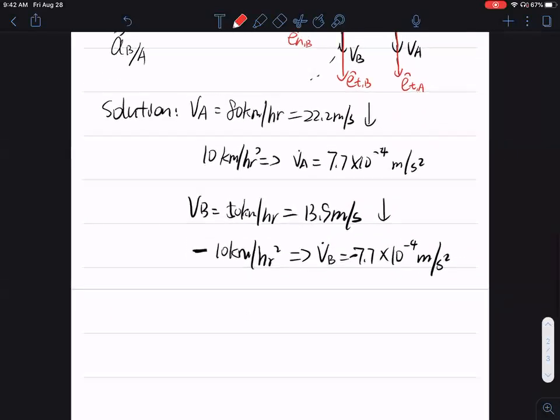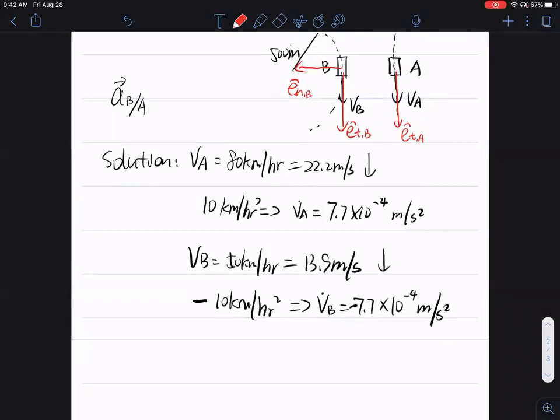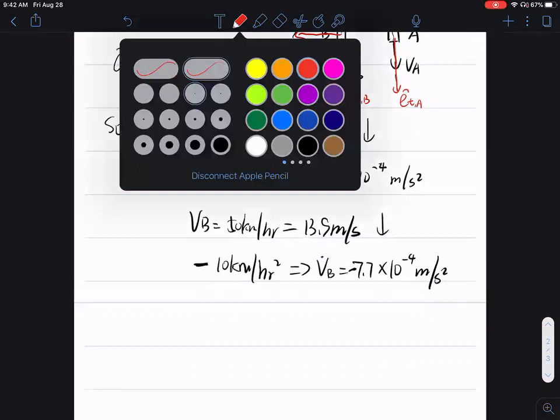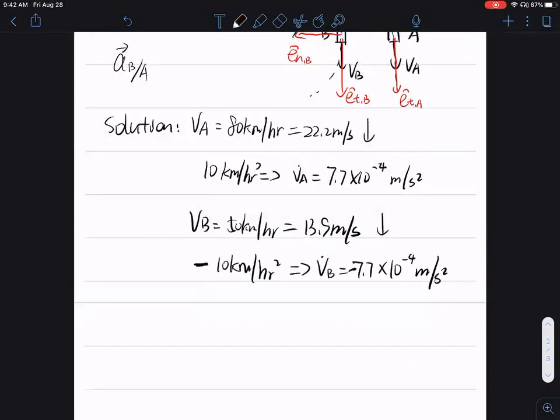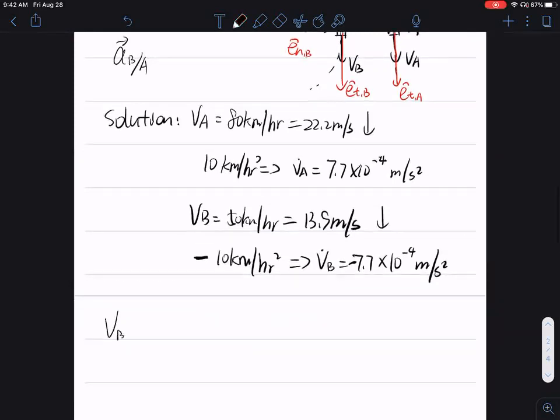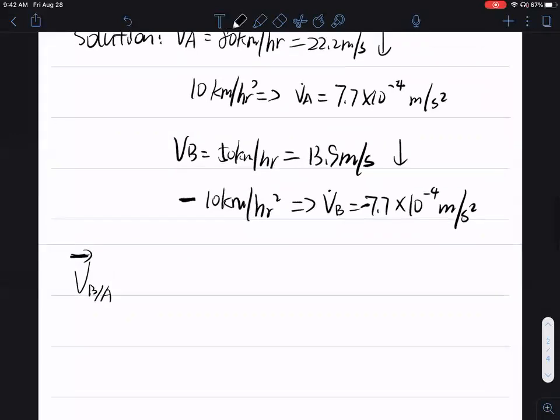Okay, now we have everything. We figured out the direction of ETA and ETB. Let's look at the relative velocity between A and B. Let's do VB/A. Now one question for you. If I write velocity as VB/A, I want one of you to translate that into English.